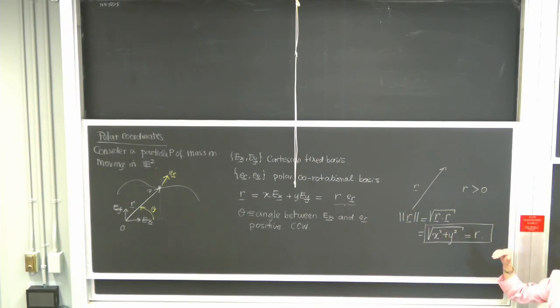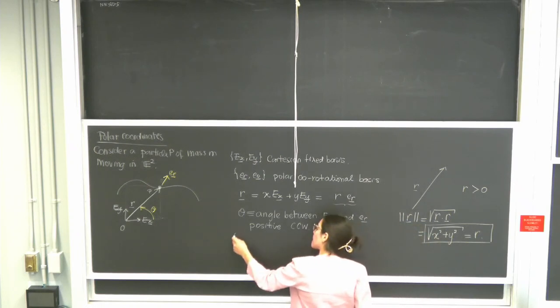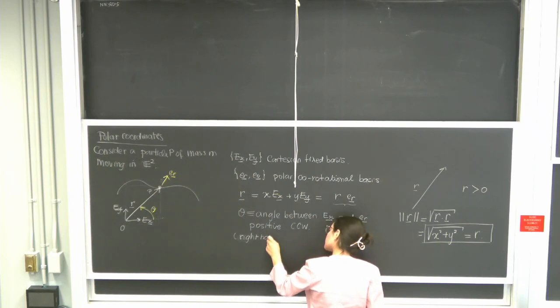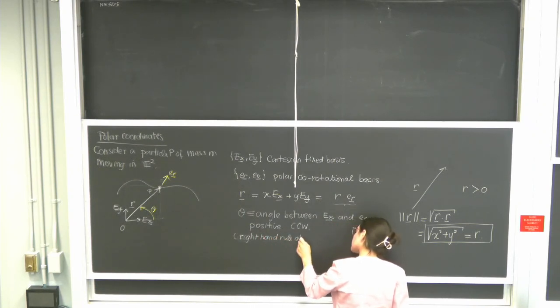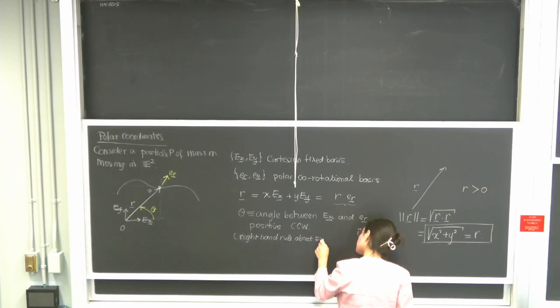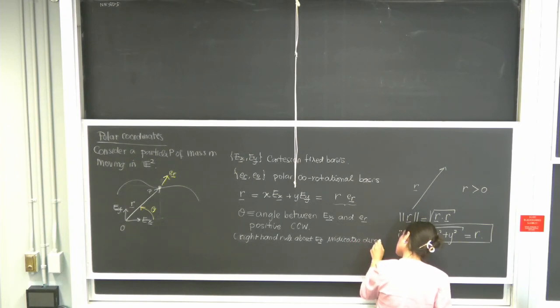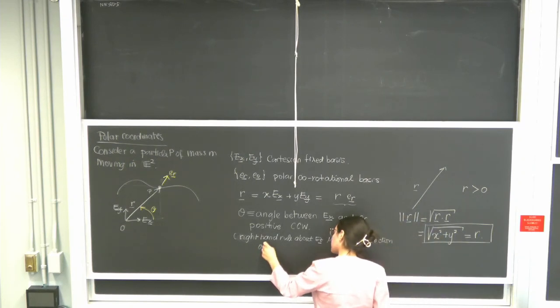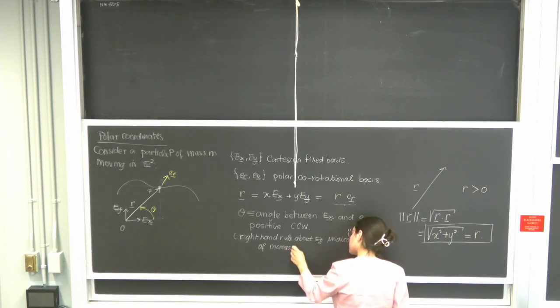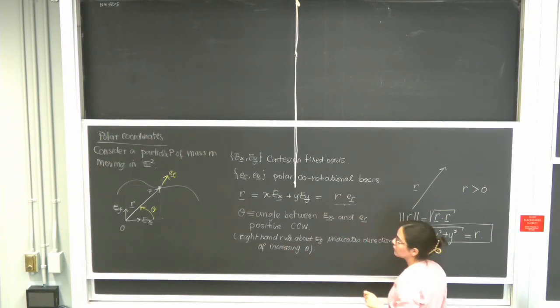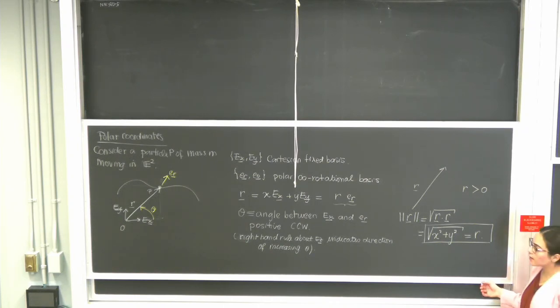When I curl my fingers around EZ, that gives me the direction of increasing theta. Okay, great. So we have that angle theta, we have ER, and we have the Cartesian basis.